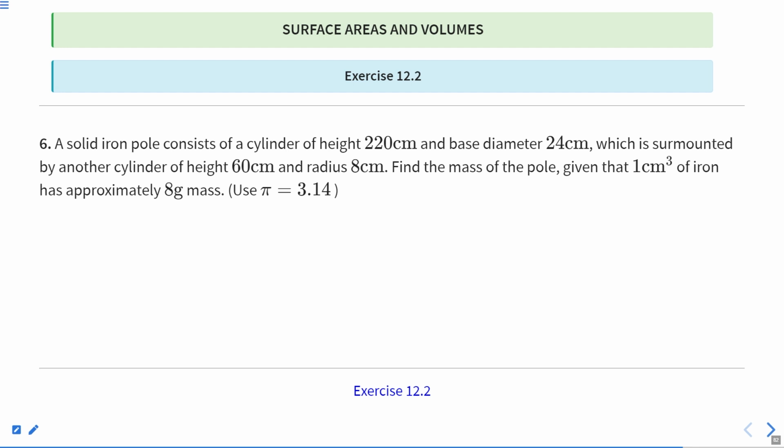For finding the mass, we need to find the volume of the pole, and we have to use the value of pi as 3.14.